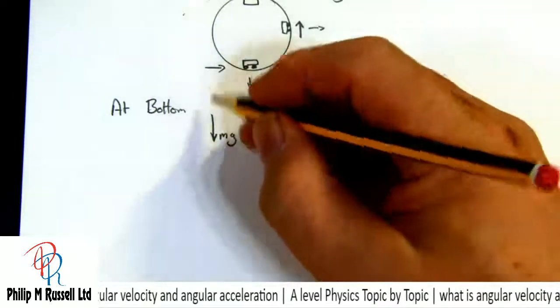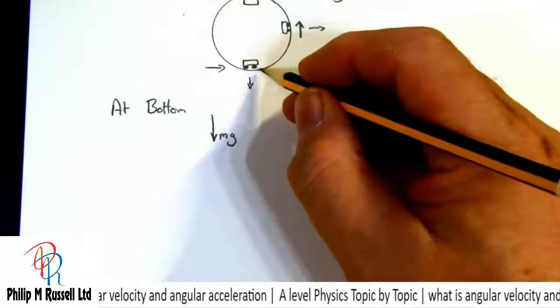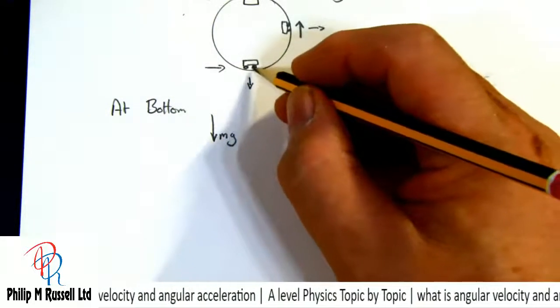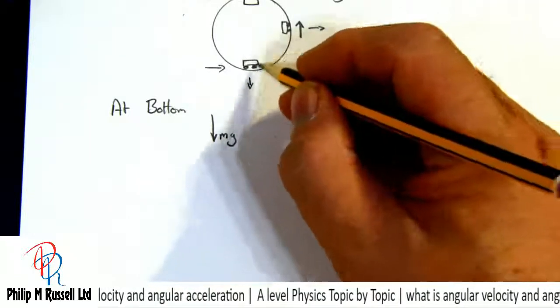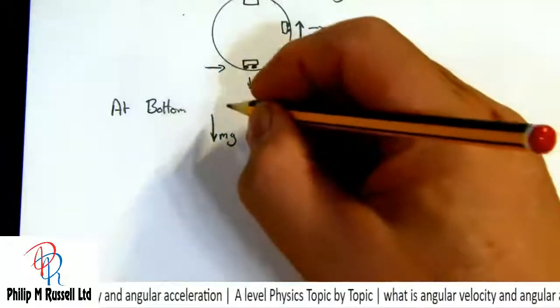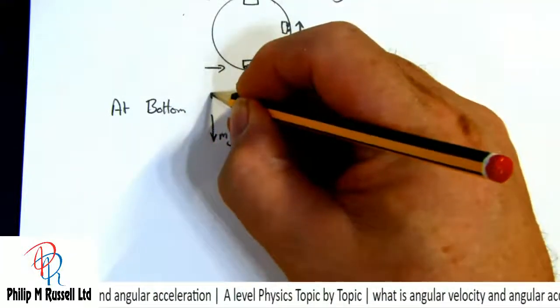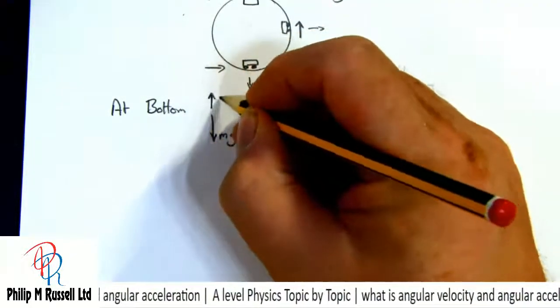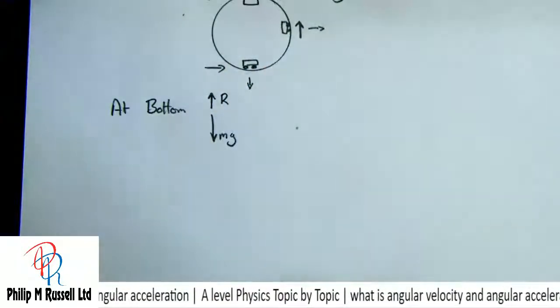We've got this force going towards the centre, and technically I suppose at the bottom it's not going to be affected at all. It's going to happen more as it starts going round. But we've got a contact force, a centripetal force, going in the opposite direction.